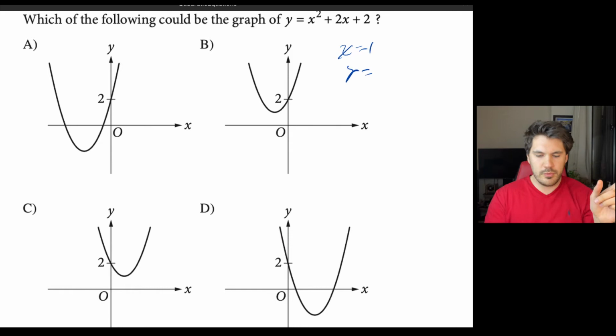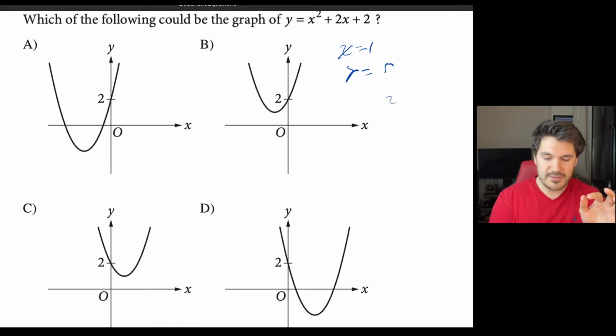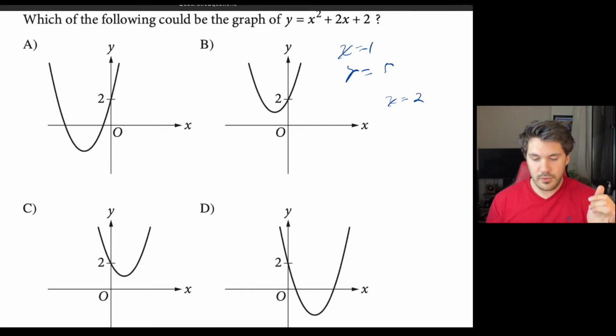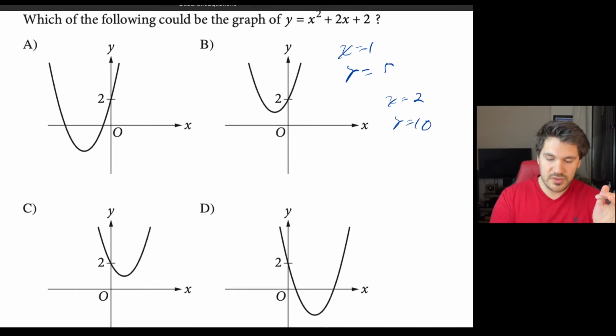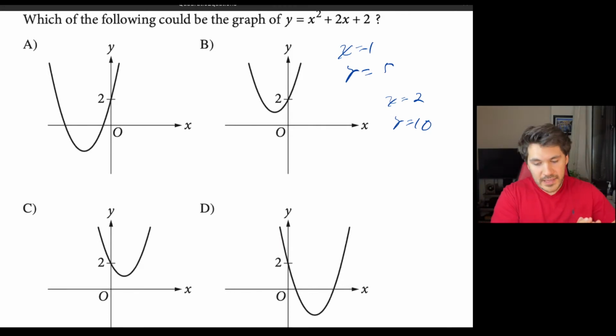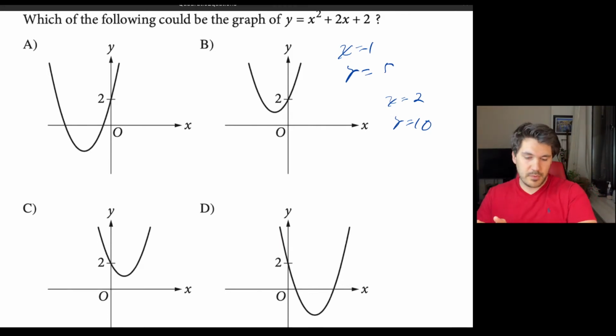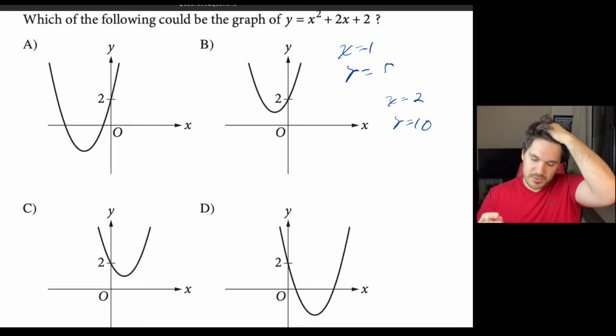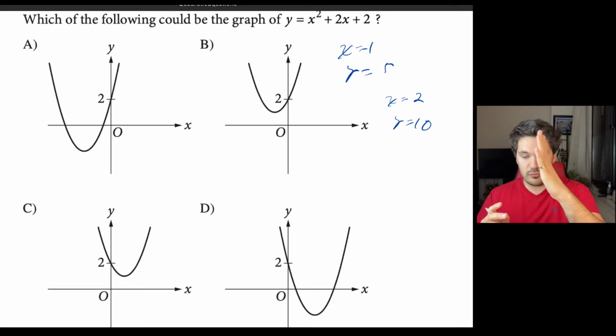Well, let's test one more, just to make sure. I want to really make it clear. If x equals 2, we're going to get 4 plus 4 plus 2, y equals 10. So this shows us that as x is going up, y is also going up, and it's going up pretty much at an exponential rate.